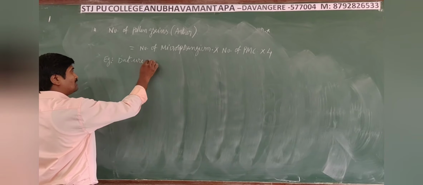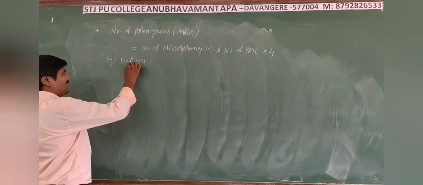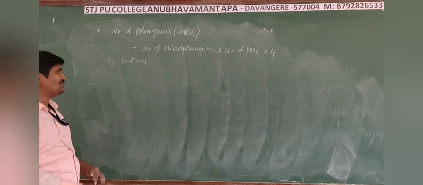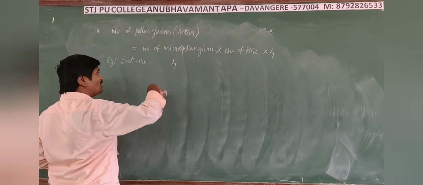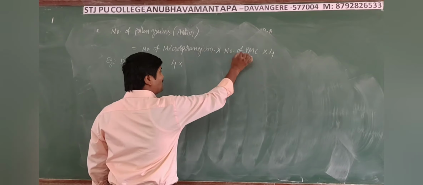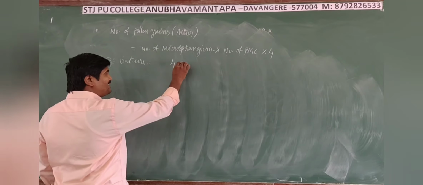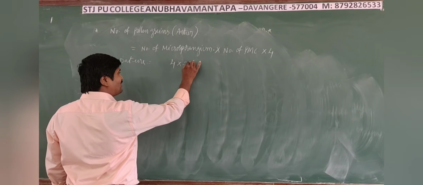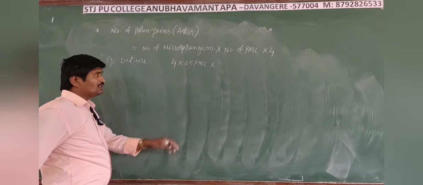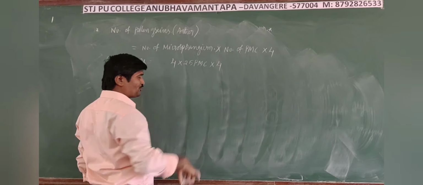In Datura, it is tetrasporangiate, so a total of 4 microsporangia are there. That is, number of microsporangia 4 into the number of pollen mother cells. For example, each microsporangium contains 25 pollen mother cells. Already you know each pollen mother cell gives rise to 4 microspores.